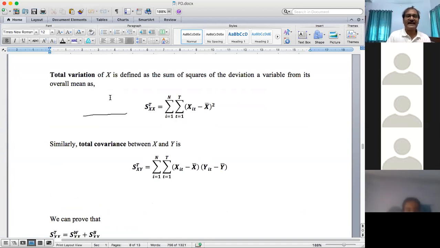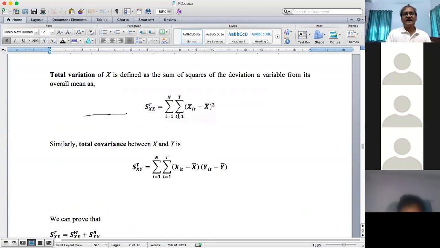So total variance and total covariance can be calculated by taking the deviation of the total mean, or overall mean x bar, from the actual data point x_it.